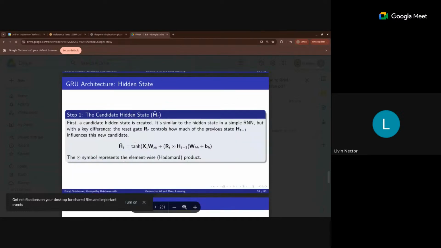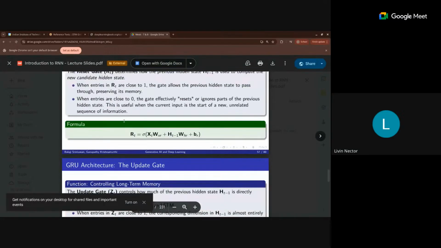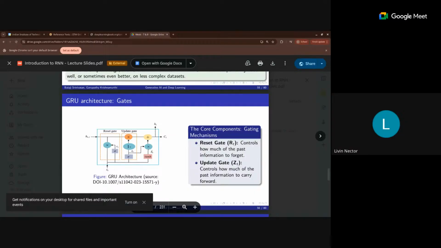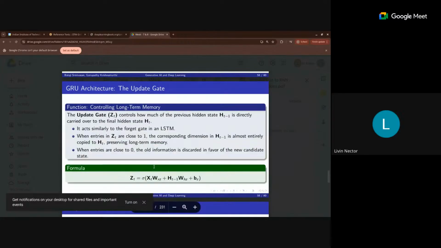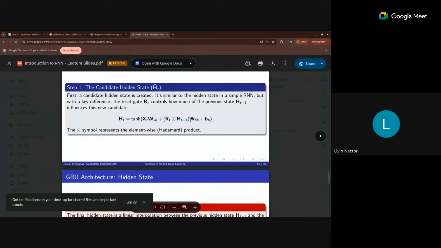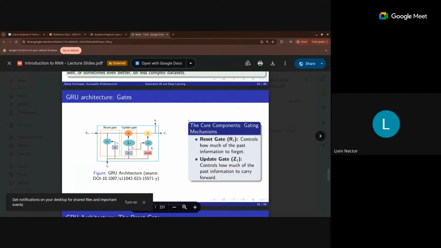So these two gates are fine, and this is the candidate. The candidate is like the vanilla RNN part, but instead of directly passing the hidden state of the previous one, instead of directly giving W H_{t-1}, we are passing the gated input of that.